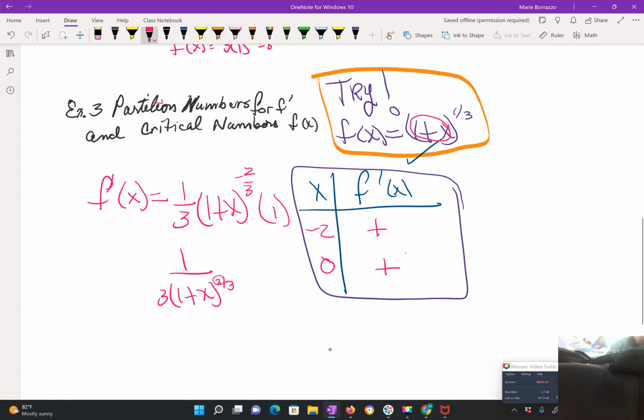It's still going to be positive. I don't care about the number right now. So it's increasing on both sides. And we see it because the diagram is also increasing. It's actually going like this, with a partition at x equals -1, right? All right.